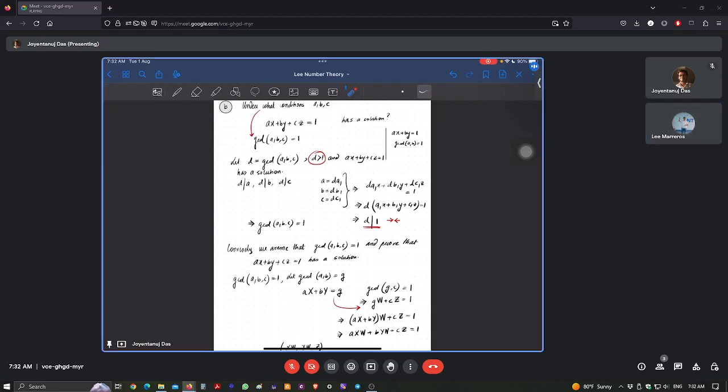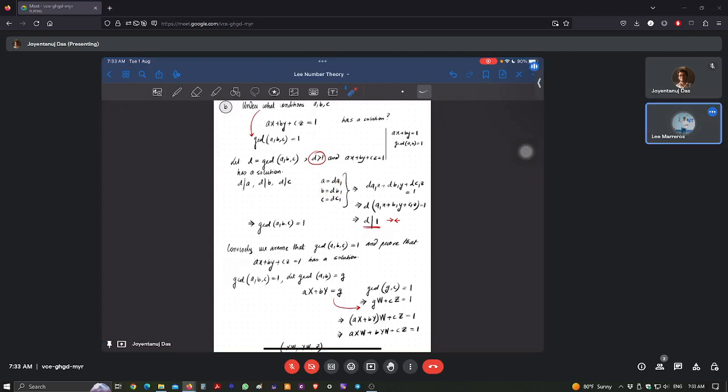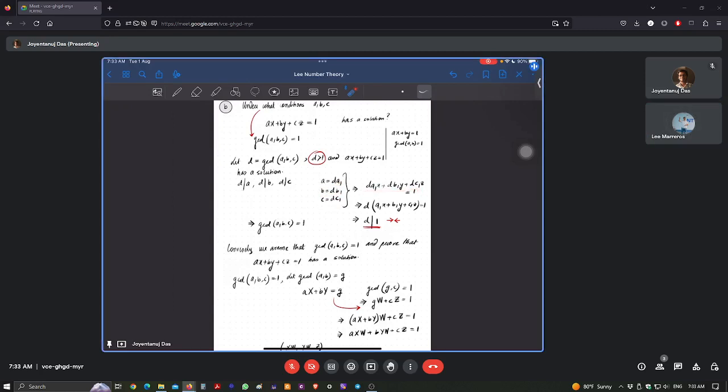If I assume that D is greater than 1, and we know that this has a solution, then since D is the GCD, D must divide A, D must divide B, and D must divide C. So I can express A, B, C like this, and when I put it back, I have D times this thing equals 1.